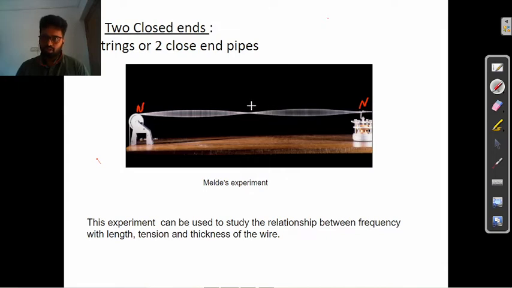So this is a node, this is a node, and this is an antinode. This is also called Melde's experiment. This experiment can be used to study the relationship between frequency, length, tension, and thickness of the wire.